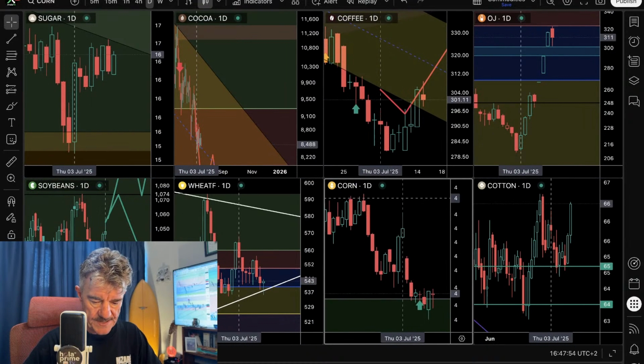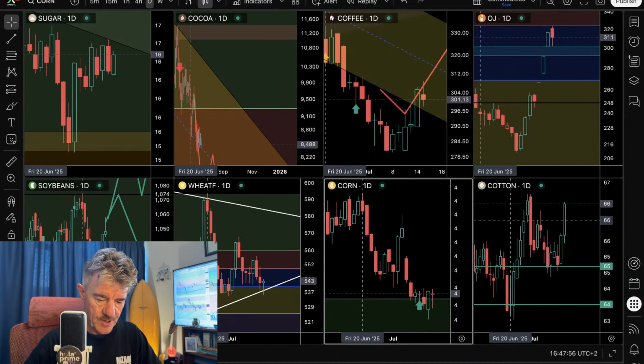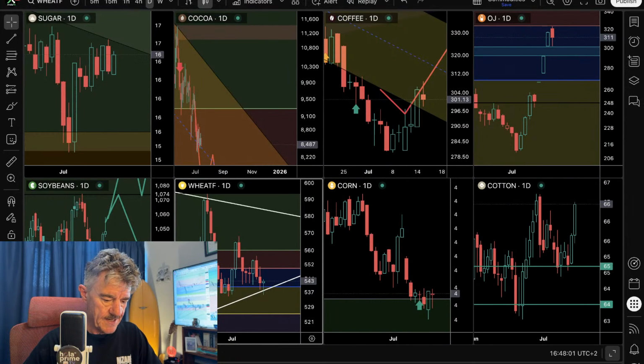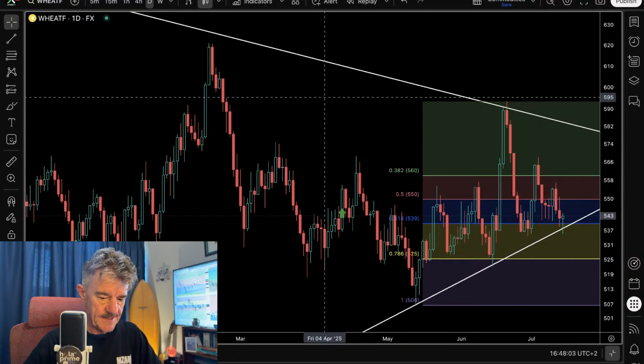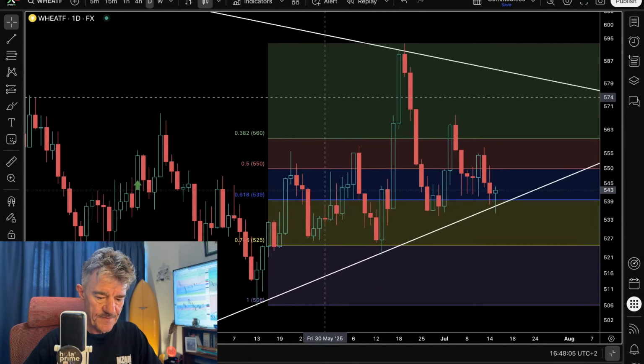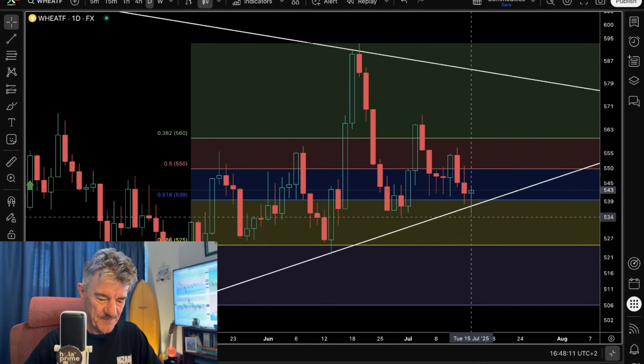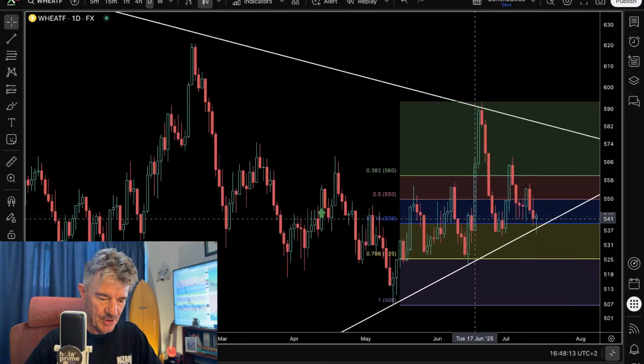So that's all that. And then corn, coffee, etc. Corn bouncing off the bottom there. Cotton looking wonderful, bottom right-hand side. And wheat. Everyone was sounding off the horns this morning in my private group and elsewhere on X when we broke down, tipped down through that bottom of that trend line and looked like we were going down.